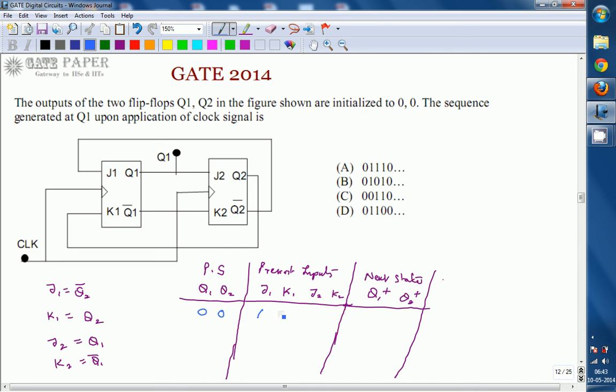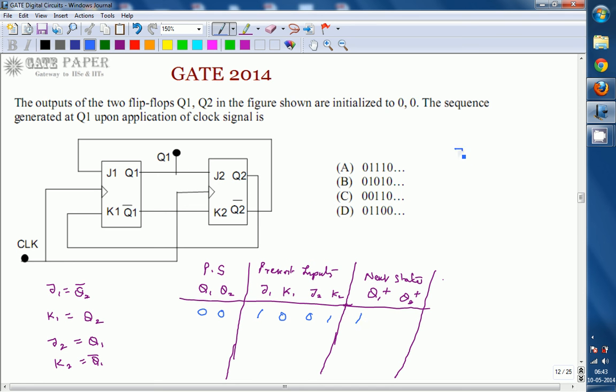K1 is Q2, so 0, and J2 is Q1, so 0, and K2 is Q1 bar, so 1. For the first flip-flop, whenever J is equal to 1, K is equal to 0, irrespective of present state, 1, 0 will give the set state. So that is nothing but Q1 plus.